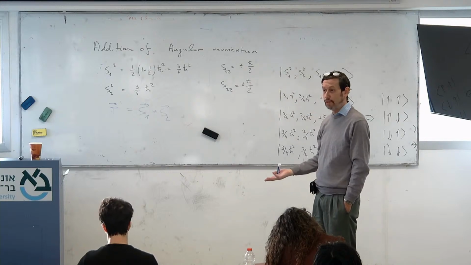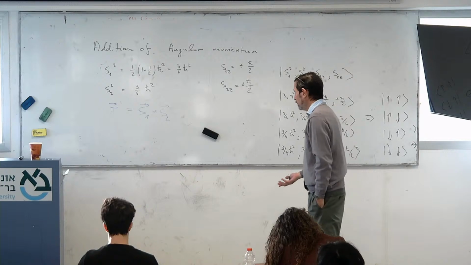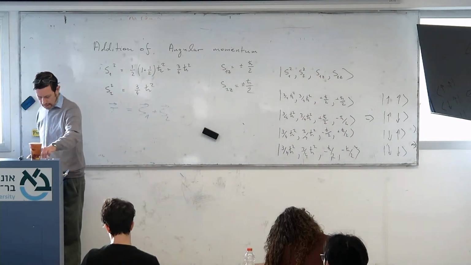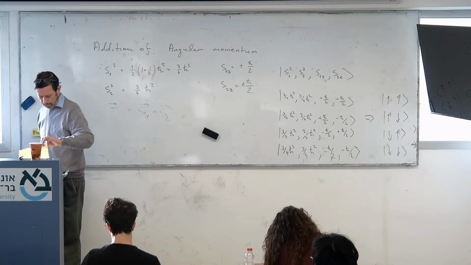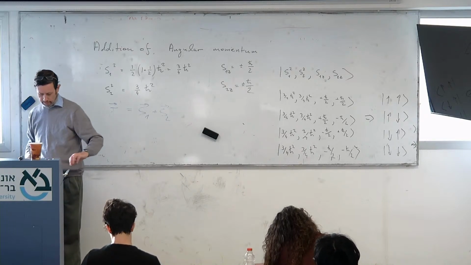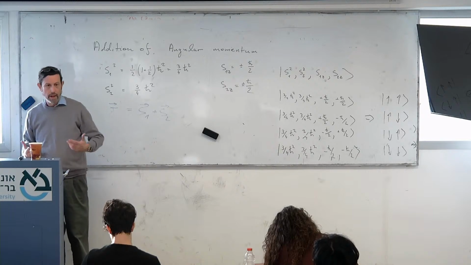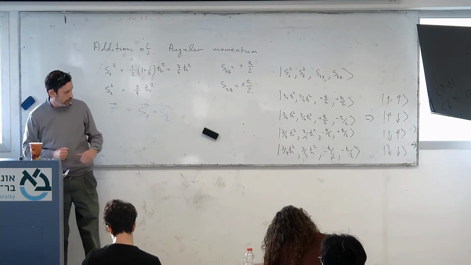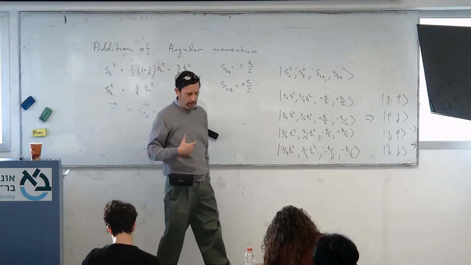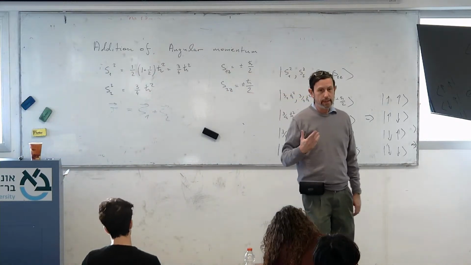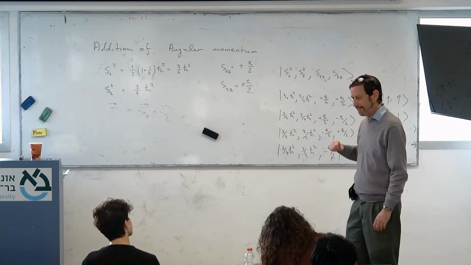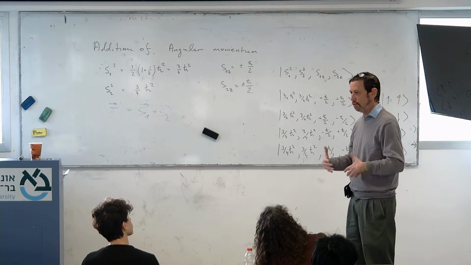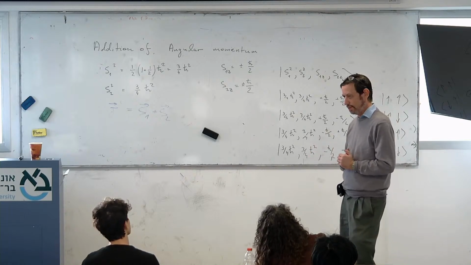We can't measure it. So how do I build this description? Okay, let me guesstimate how this state looks, and then I could show you how I do the calculation.